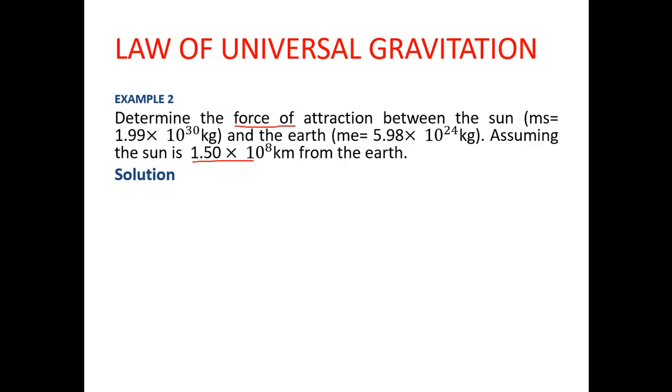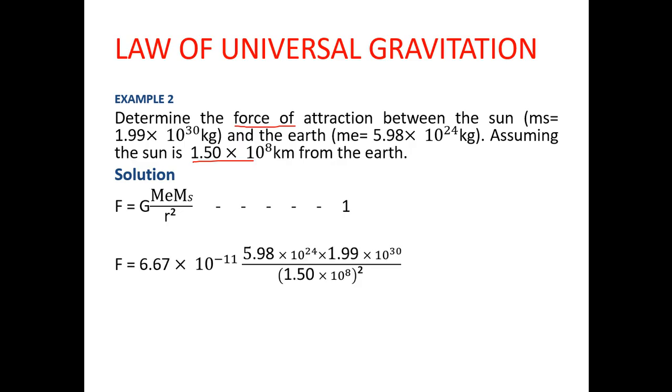So we are still going to use the expression F equals G m1 m2 over r squared. Here we have decided to replace m1 and m2 with the mass of the earth and the mass of the sun. Whether you write the mass of the sun first or the mass of the earth, it will still give you the same answer.